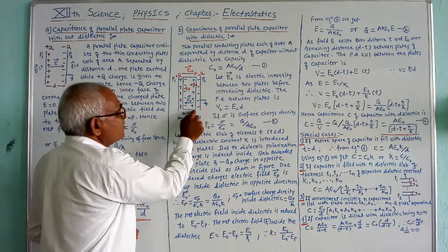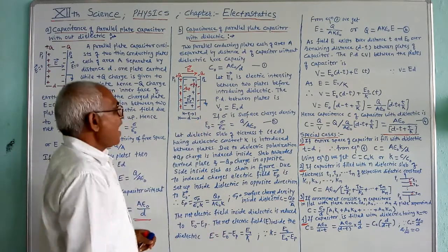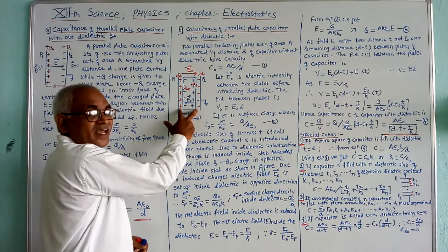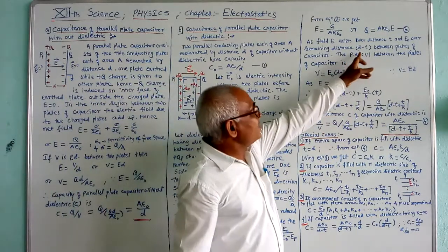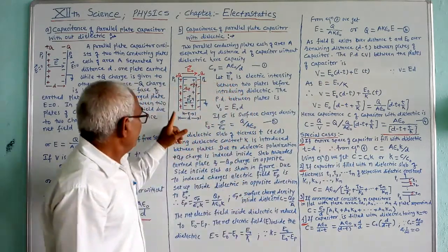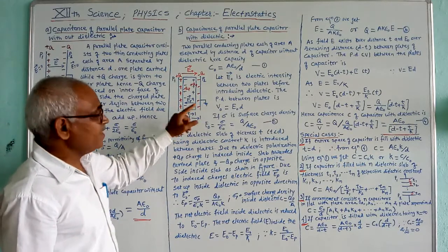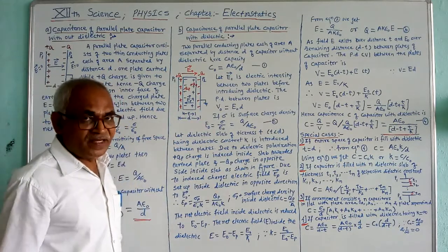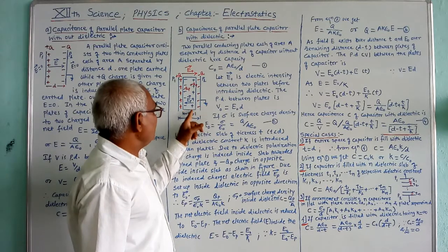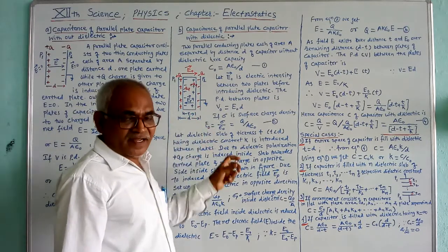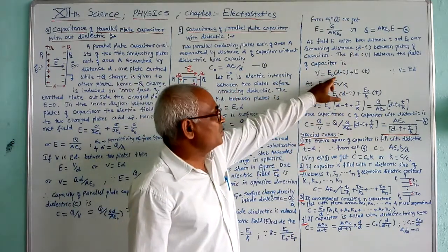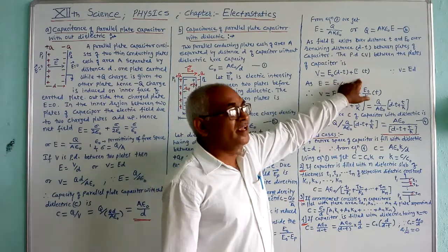And the electric field E0 is present over the remaining space inside the capacitor, that means along the space D minus T. Therefore, if V is the potential difference between these two plates of the capacitor, then that potential difference is due to the electric intensity over the region T and the electric intensity over the region D minus T. Therefore that potential difference is equal to E0 into D minus T plus E into T.